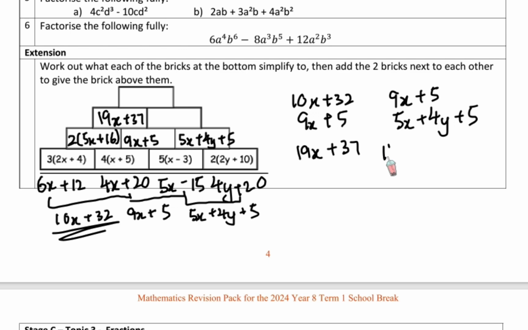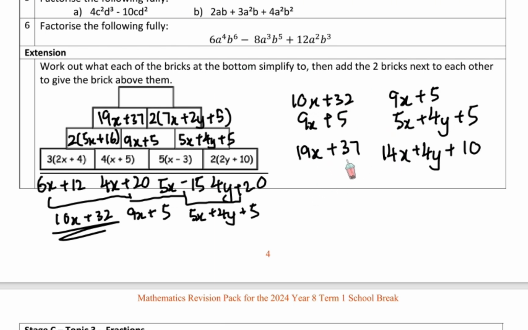So this would be 14x plus 4y plus 10. And we can factorize them with 2. So we can write 2 bracket 7x plus 2y plus 5. And now we will just need to add these two together and try to factorize them.